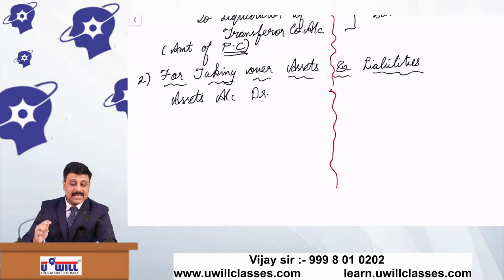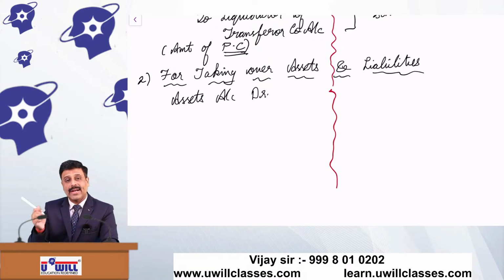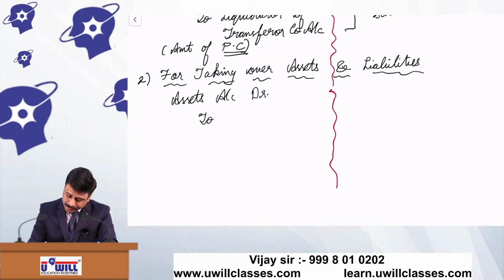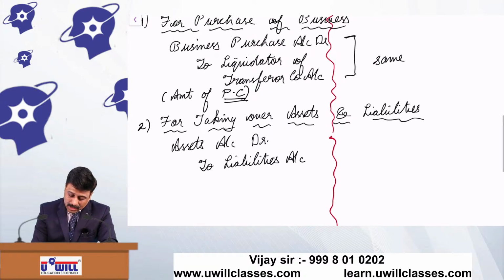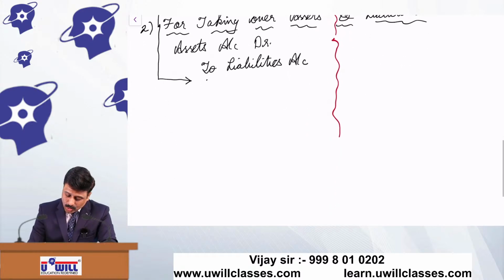So liabilities become payable. Credit the payables to liabilities account. And business purchase account will get closed. So you'll reverse and credit business purchase account.